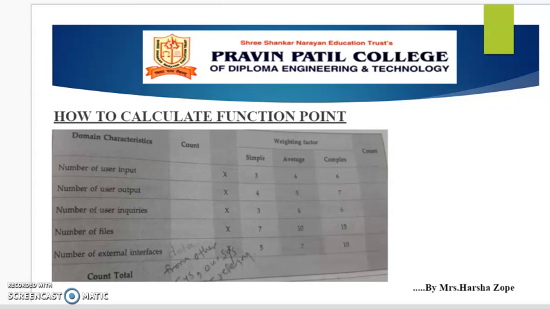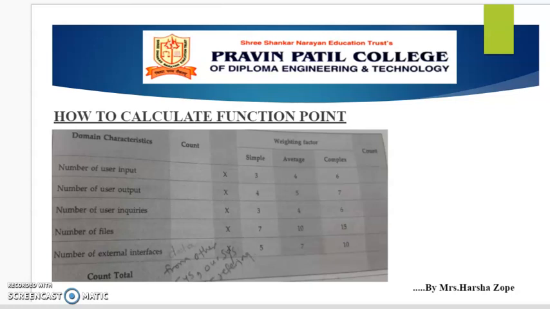The function-oriented model is based on functionality of the delivered application. These are generally independent of the programming language used. This method was developed in 1979. It uses function points, which are derived using countable measures of the software requirement domain and assessment of the software complexity.